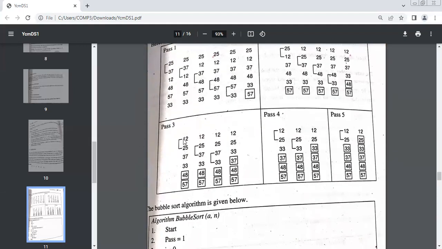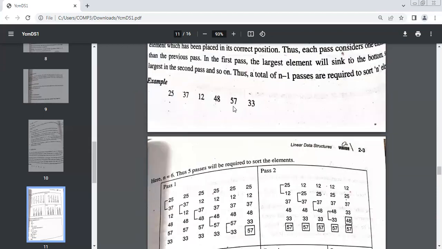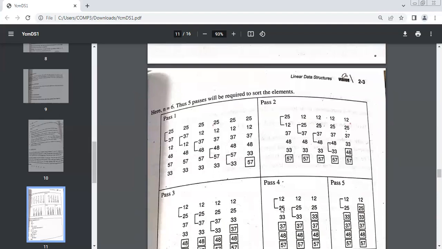Now perform pass 3. In pass 3, again compare first number with second, second with third, third with fourth, and we get the third highest number. Okay, so for these 6 elements we require 5 passes.